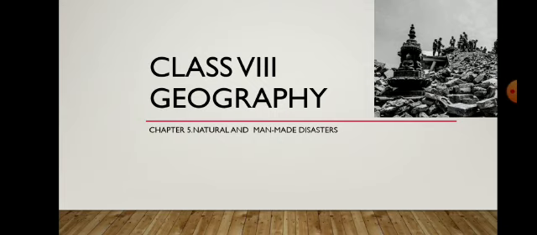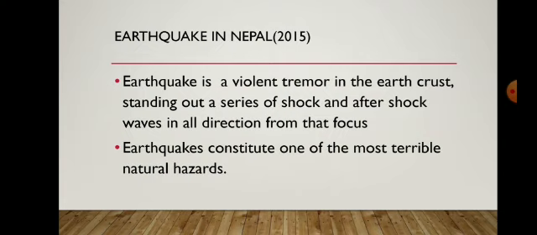Today we are going to continue the chapter Natural and Man-made Disasters. So today's topic is the earthquake in Nepal that was in 2015. An earthquake is a violent tremor.